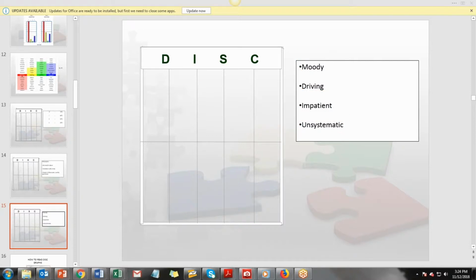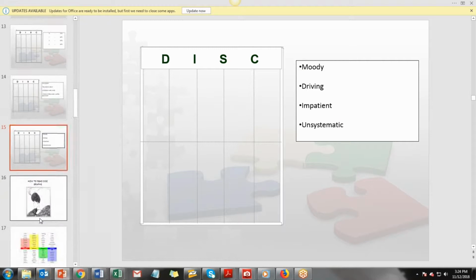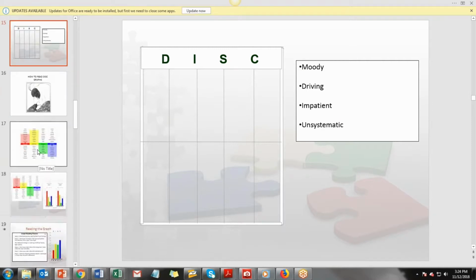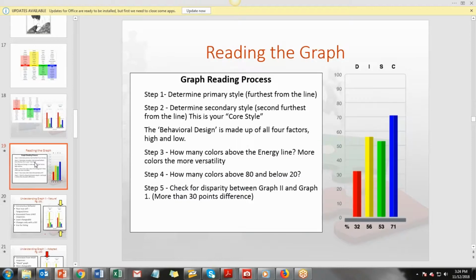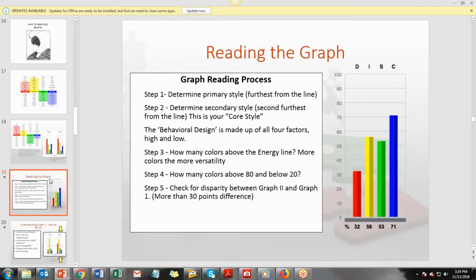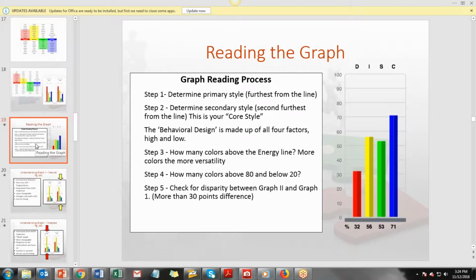All right, so now you have your tools. We're going to advance this a little bit. What I'm going to do now is explain the grading, or how you read the graph, and that's where you need that 5-step process that I talked about in the beginning. Those 5 steps are right here.